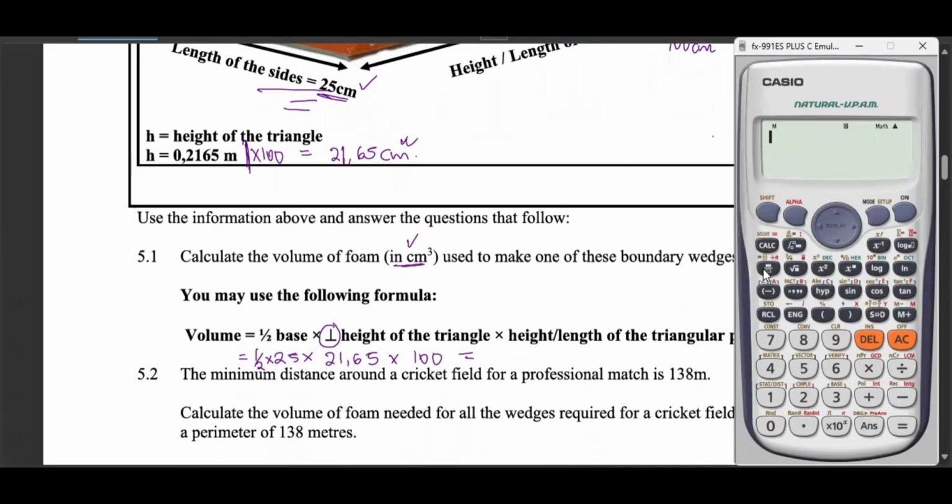A half, open brackets. You might leave the brackets, just multiply, times 25. Then times 21.65. That's the triangle. Then after that, we multiply by 100. You get the answer there as, write it in decimals, please, 27,062.